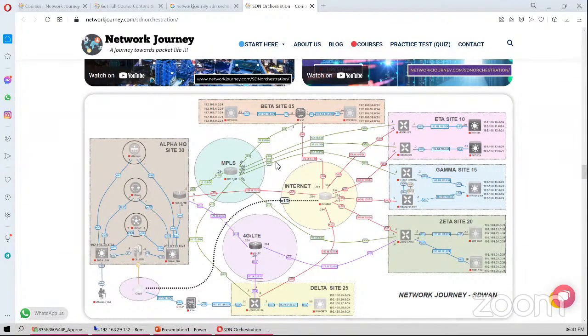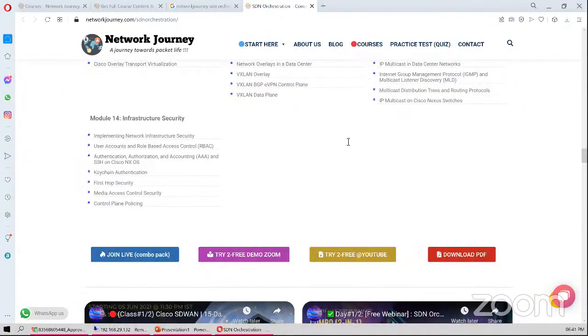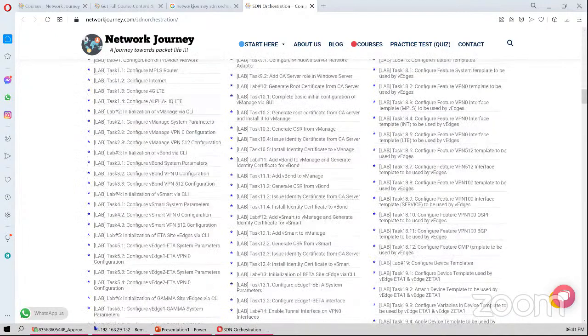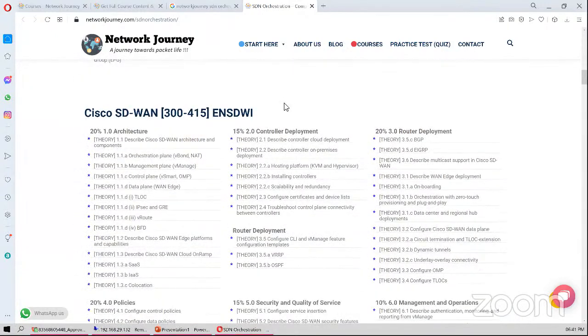All this will be taken care of in the 1 to 2 month course of SD-WAN, and all the detailed content is put up here. There are a lot of labs included in SD-WAN as well.